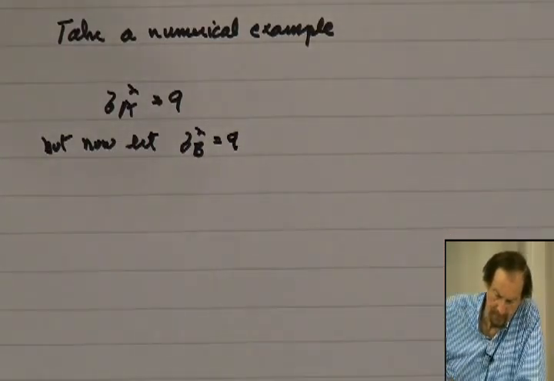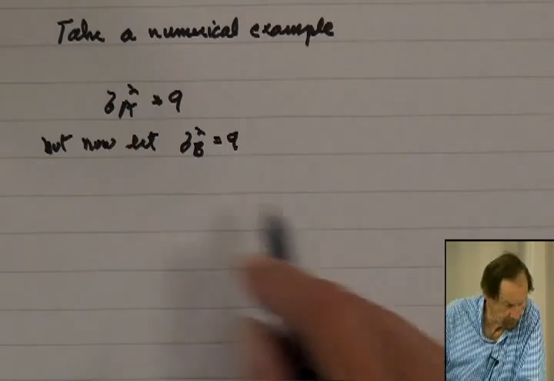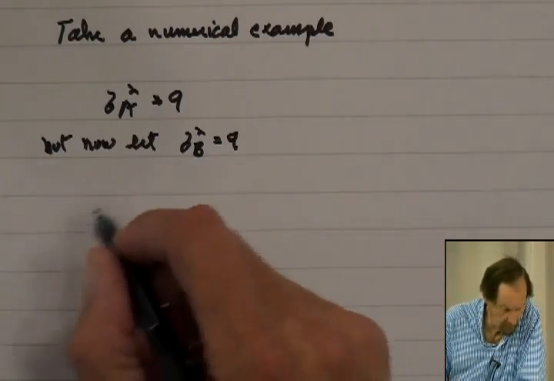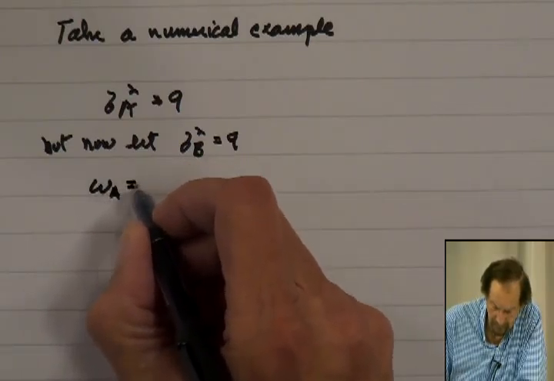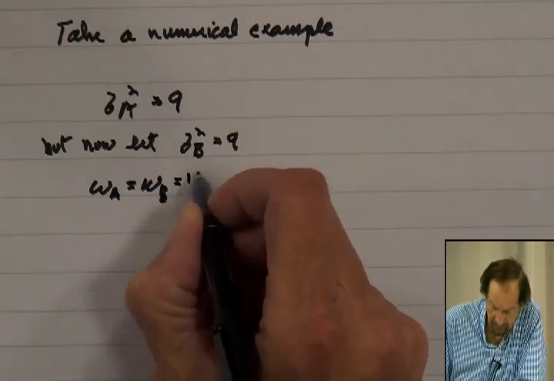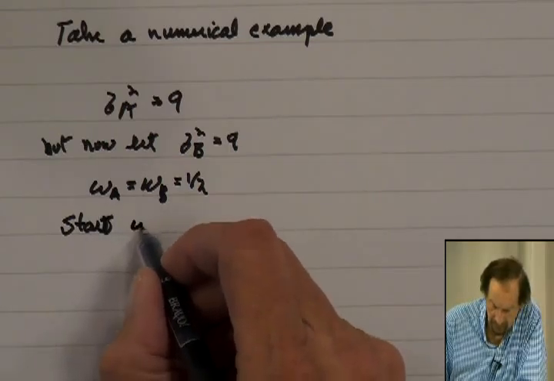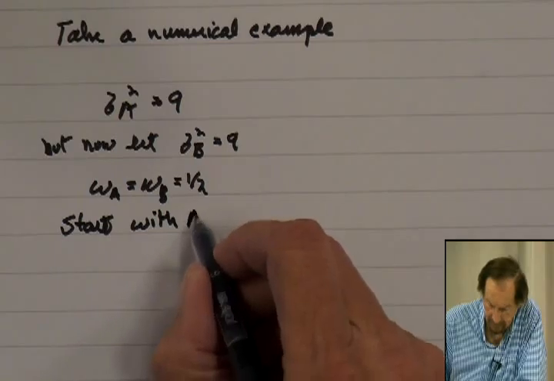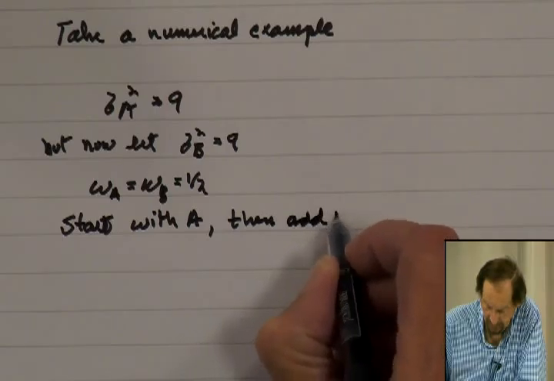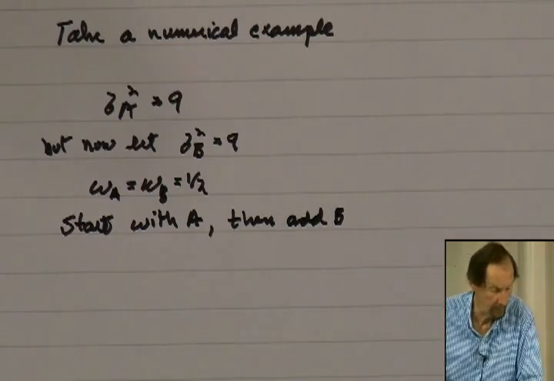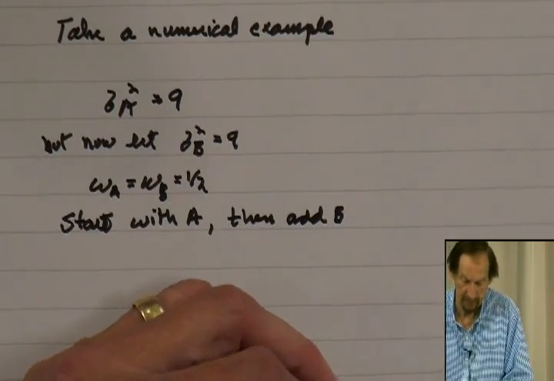So now we add an asset that has exactly the same risk as A. And we're going to let WA equal WB equal 1/2. So again, we start with A, then add B to form our portfolio. So let's see exactly what our portfolio variance is.